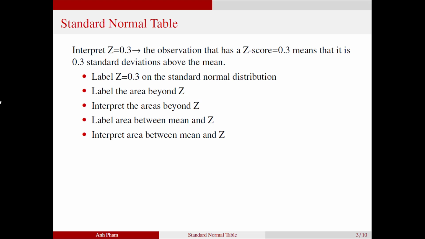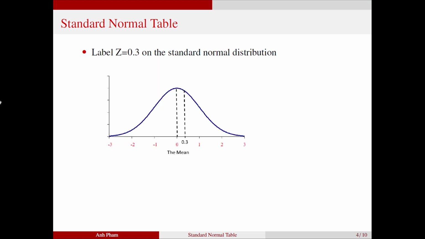This is how you label Z equal to 0.3 on a standard normal distribution. The mean is in the middle, and it represents 0 standard deviations away from the mean. So it is 0 standard deviations away from the mean.